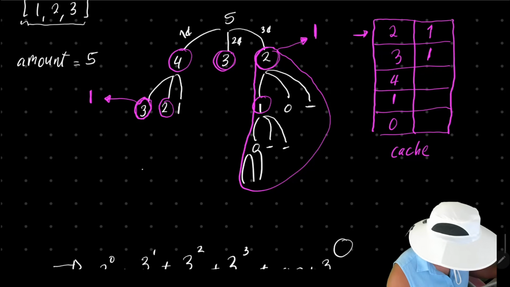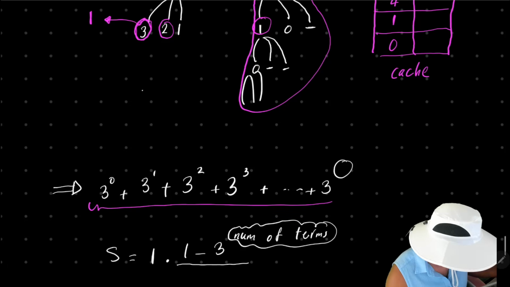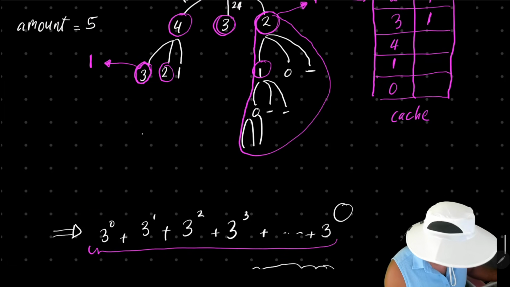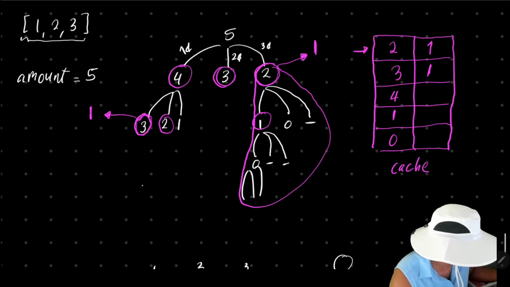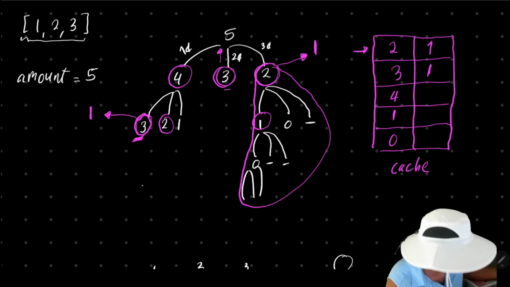So instead of that many function calls over here, like way too many, all I had to do was cache my results. Which means whenever I make a function call with value 3, I'm like, oh, I have the answer. I got the answer from here. So I don't have to create the tree anymore. I make the function call, I see it's 3, then I return the answer directly from the cache.